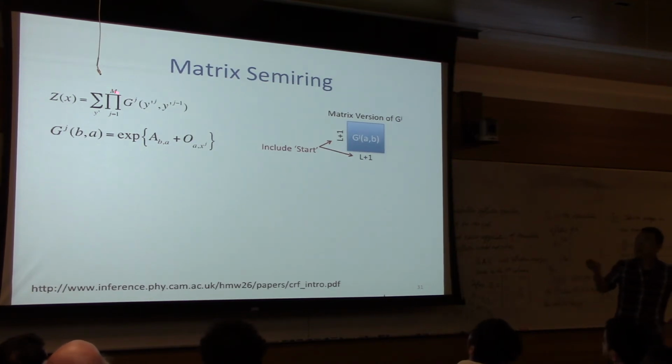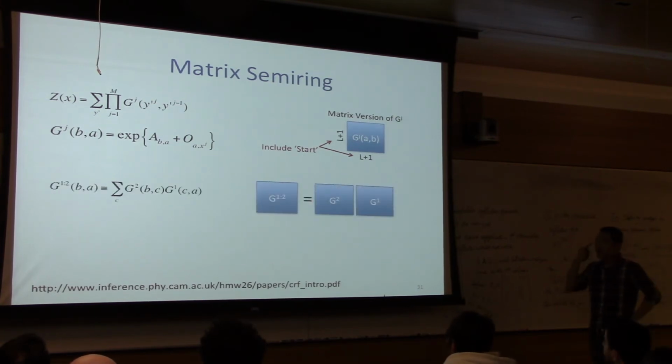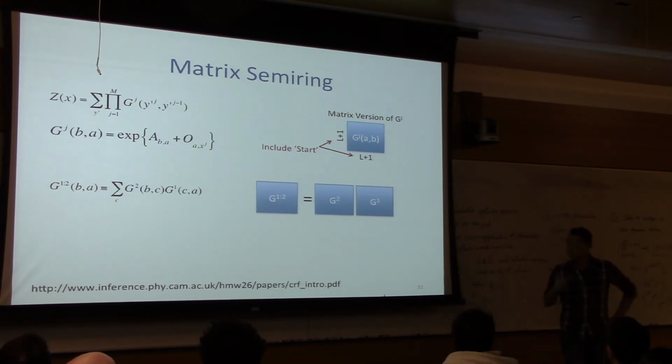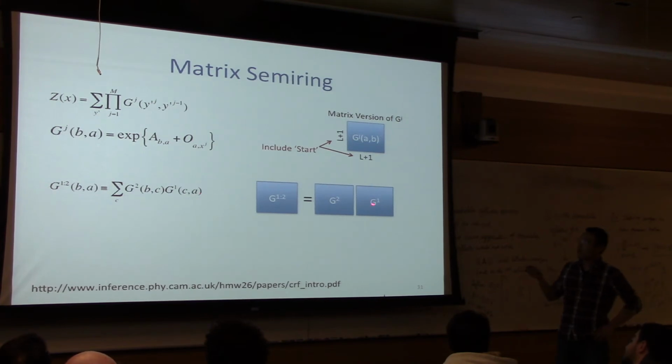So if m equals 1, then this is just a single product, and you just sum over all the entries of this matrix, and you're done. It turns out that we can recursively compute this G. For example, if we want to compute the summation, with a little bit of notation, of G from 1 to 2, it's basically this matrix multiplication, which is equal to this summation.